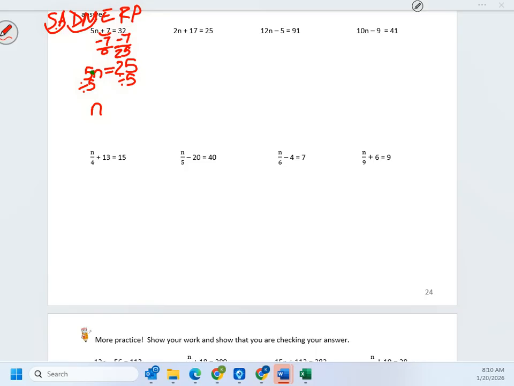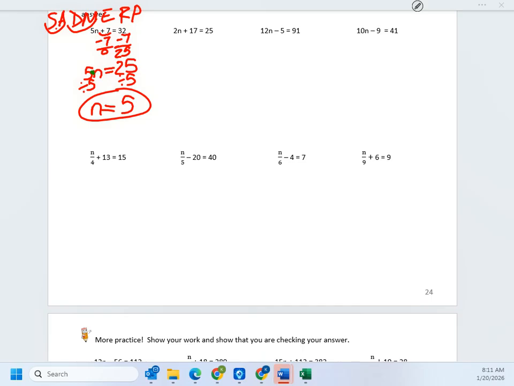Is it going to be wrong if you write it? No. But proper math, it's invisible. We don't see the 1. We just know it's there. So I'm just going to write n equals 25 divided by 5 is what? Rhoda? 5. So now I'm down to n equals 5.